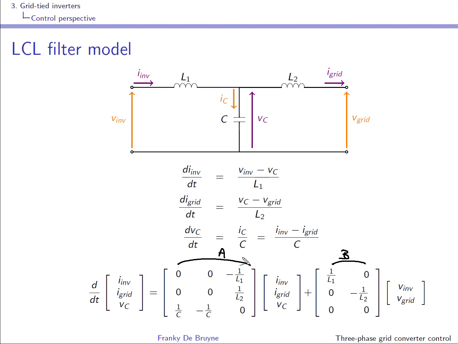This is a 3 by 3 matrix. Since there are three elements that can store energy, you have three elements in the state vector: the two currents related to the two inductors, and then the capacitor voltage, and B is 3 times 2, 3 from the number of states and 2 from the number of inputs.